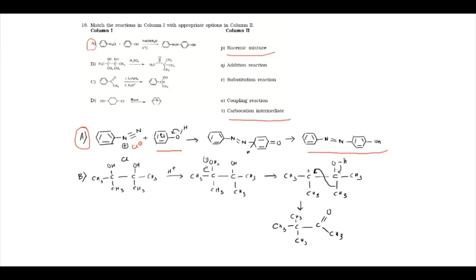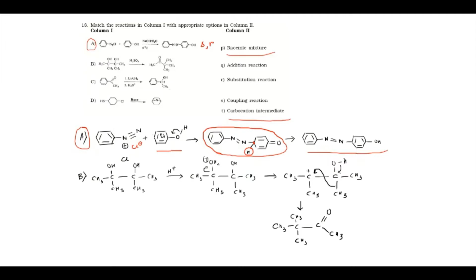That means A is matching with S, of course, and here we can see that in this step, this hydrogen is getting replaced. This CH bond is actually getting replaced by a CN bond. So it is also a substitution reaction. So we can write S and R is matching with our first reaction.